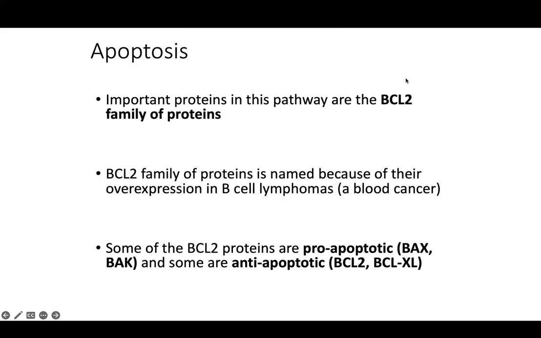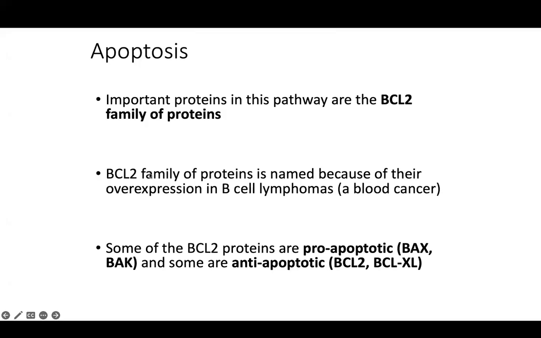Interestingly enough, these BCL2 proteins weren't discovered until they were found to be overexpressed in B cell lymphomas. And a lymphoma is a type of immune system cancer of the actual B lymphocytes. And there's an overexpression of these BCL2 proteins in them.